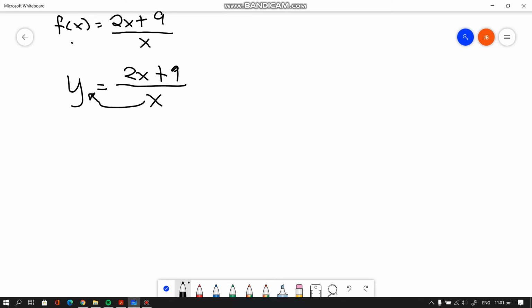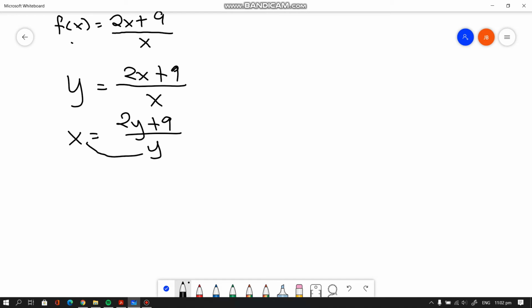So magkakaroon tayo ng xy is equal to 2x plus, oh sorry, mali pala tayo. Dapat pala in-interchange muna natin yung mga variables natin. So again, interchange the variables. So magkakaroon tayo na x equals 2y plus 9 over y.